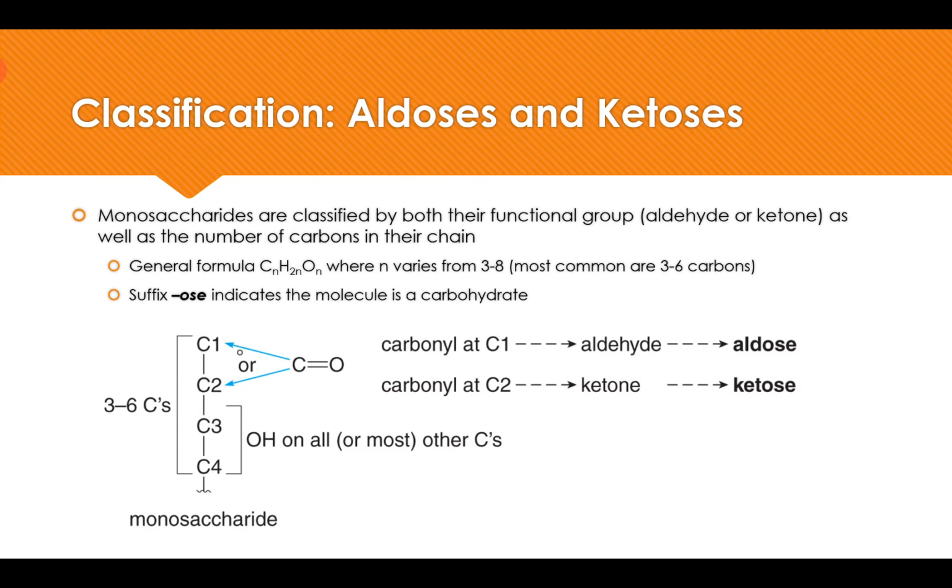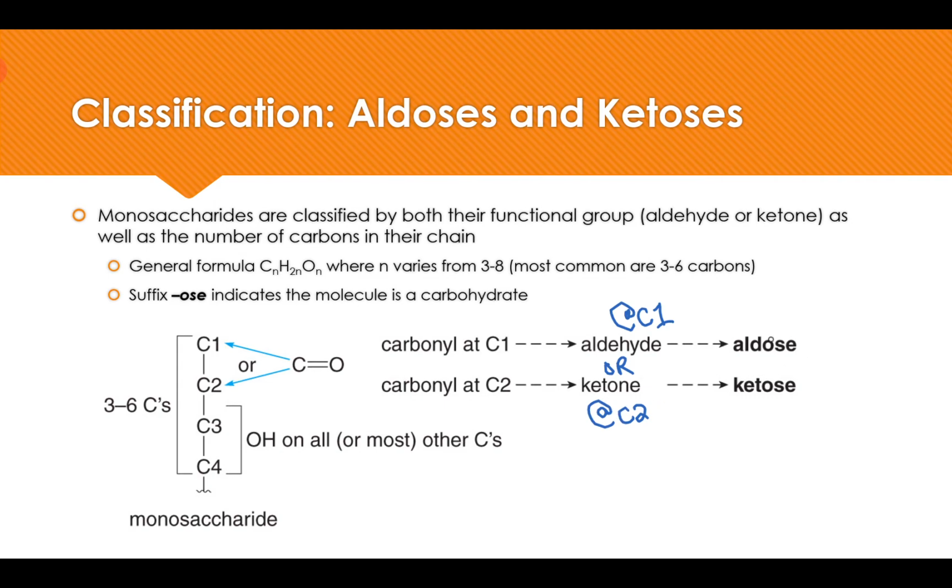So you're always going to have either an aldehyde at carbon number 1, or you're going to have a ketone at carbon number 2. Remember that aldehydes always are terminal, and ketones always occur somewhere in the middle of the chain. So aldehydes cannot occur at carbon number 2, and ketones cannot occur at carbon number 1.